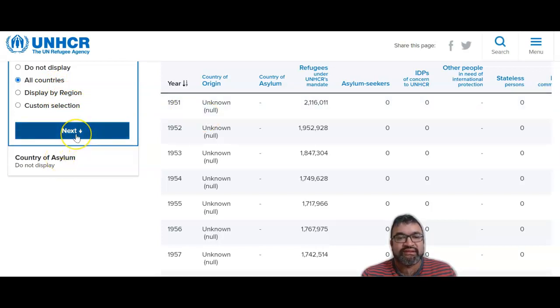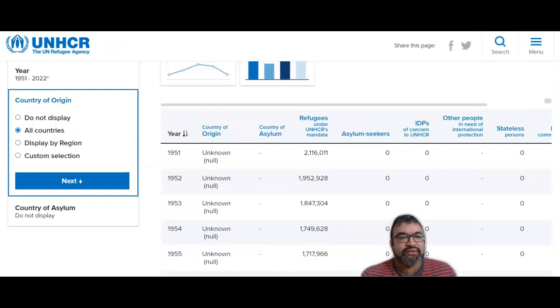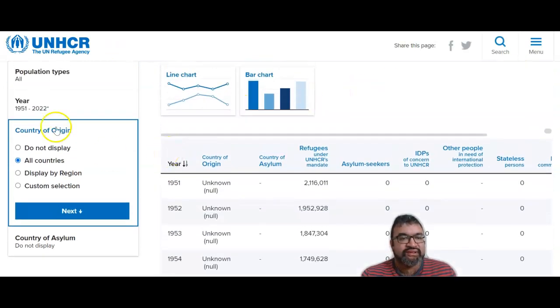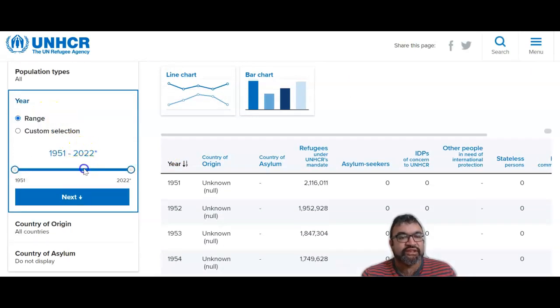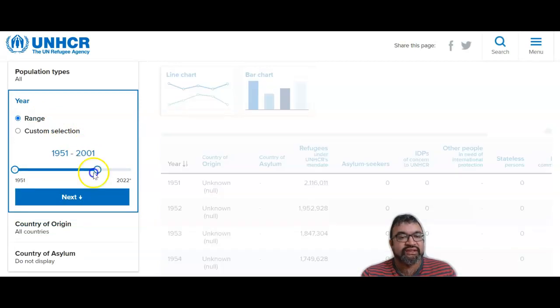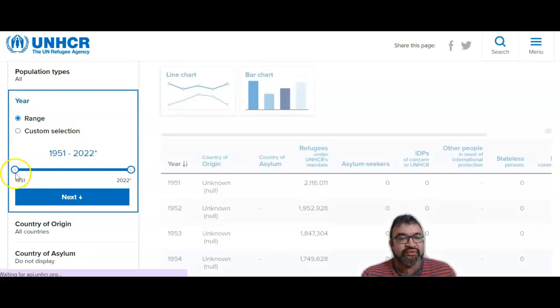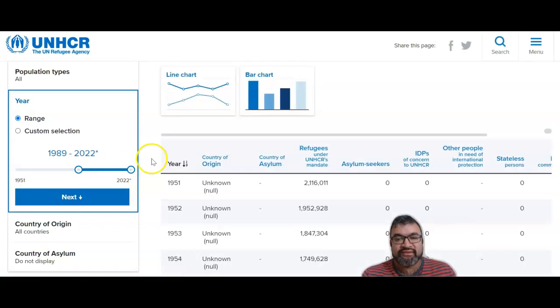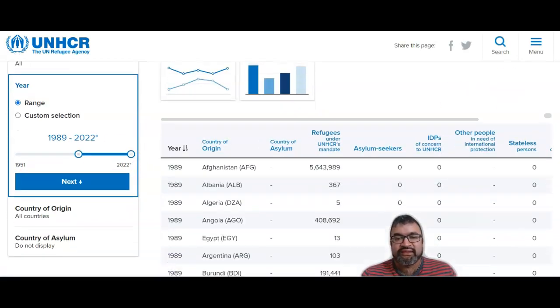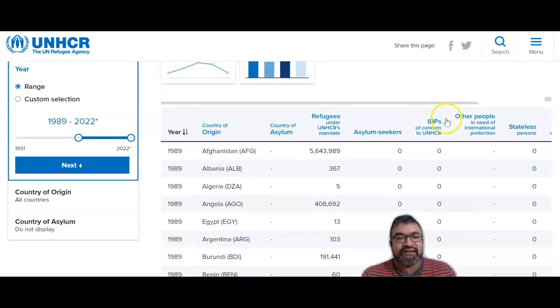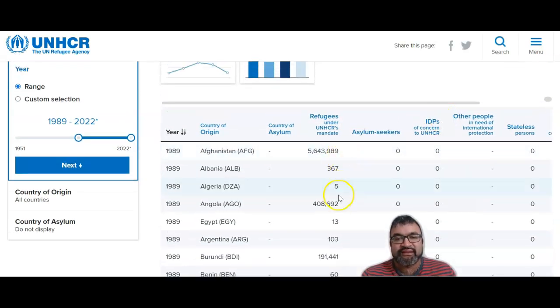and then we can do years. We can shrink down the number of years, and that will allow for the collection of data. And for instance, this is 1989 Afghanistan, Albania, Algeria, Angola.